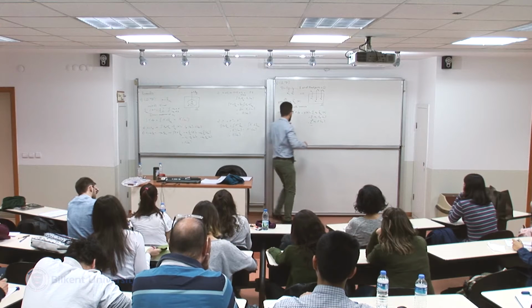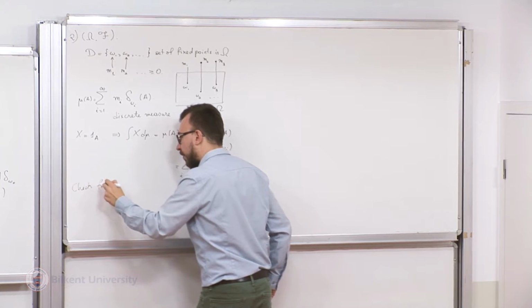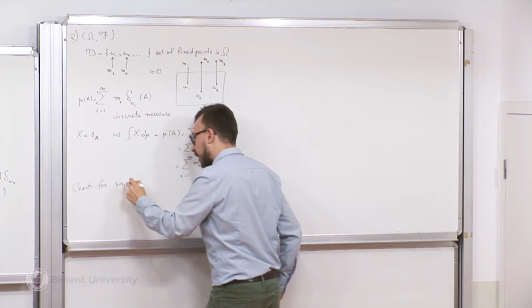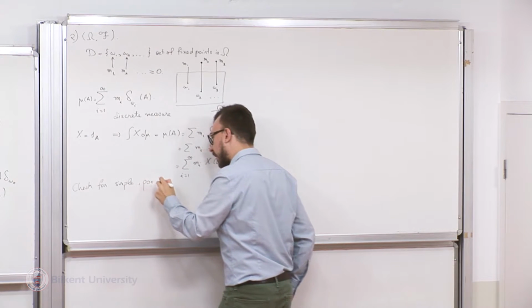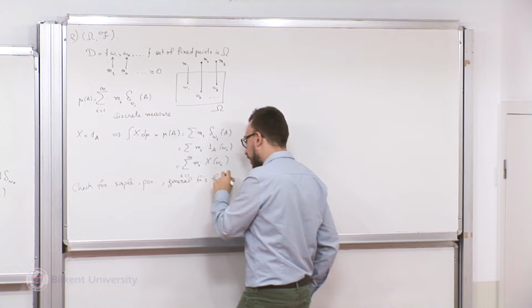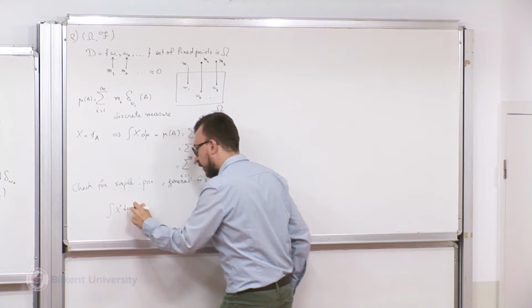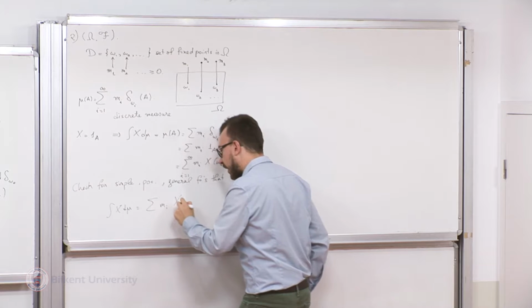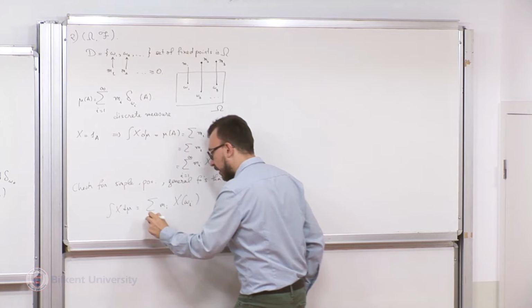So you can check for simple, positive, and general functions that the integral of x d mu gives you the sum of mi x at omega i.